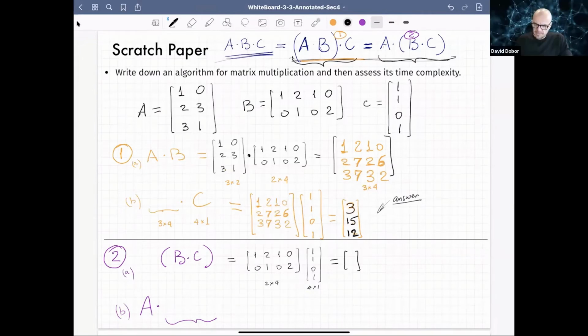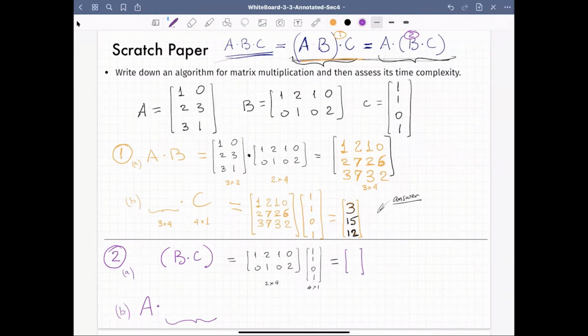So what are the entries in this 2 by 1? I just want to make sure that I'm not the only one speaking here, that we're all on the same page and you're following along, making notes and also computing with me. The first element is 3.